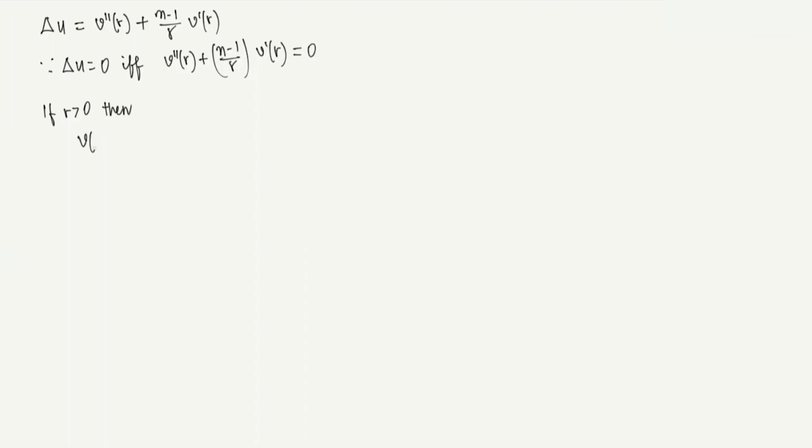We have v of r, which is going to be a constant c1 times log r plus c2.